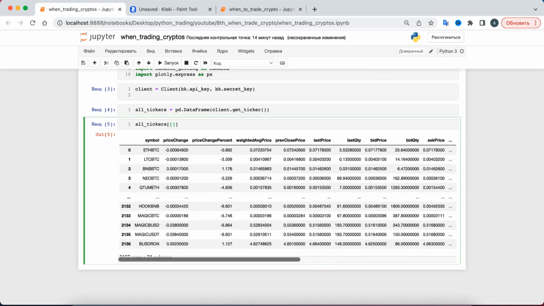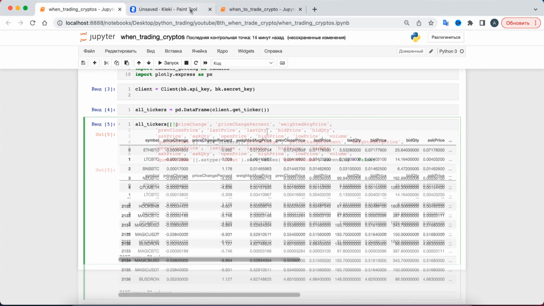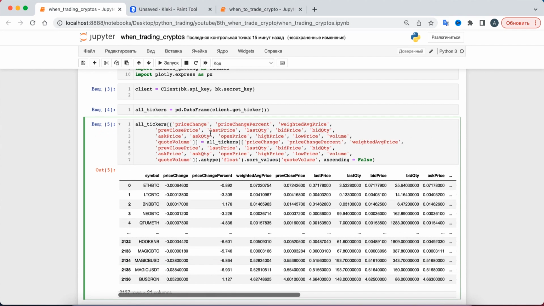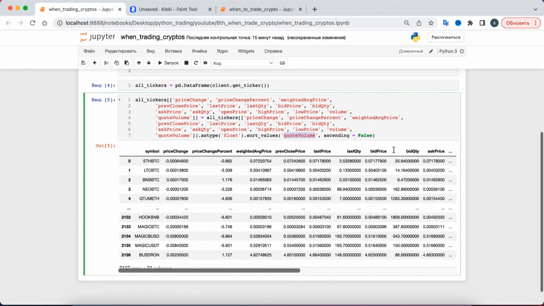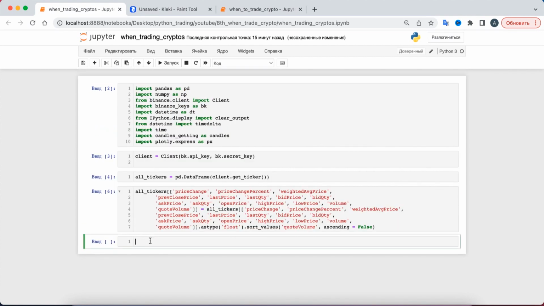For this, I just cut off some data and leave only what I really need. I need to convert some data to float format, and after converting those columns to a proper format, you need to sort values by the quote volume column and go to the next step.